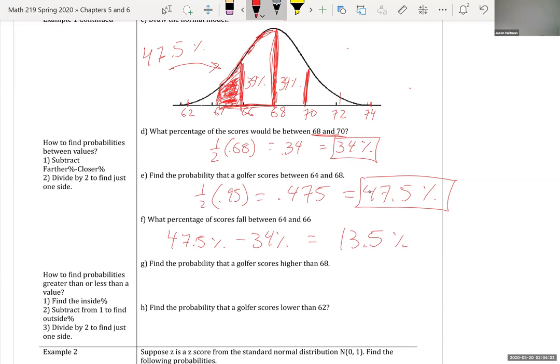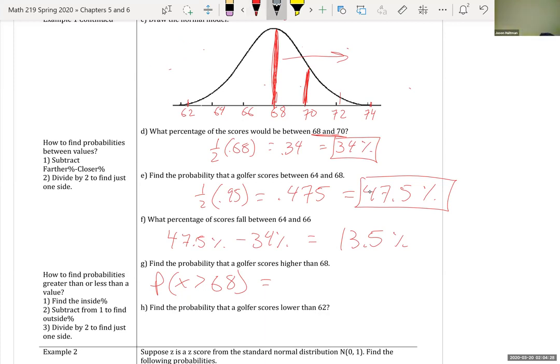Okay, find the probability that the golfer scores higher than 68. The probability that the golfer gets more than 68. What's the percentage here? Or just the probability without a percentage. Well, how much is higher than the middle?